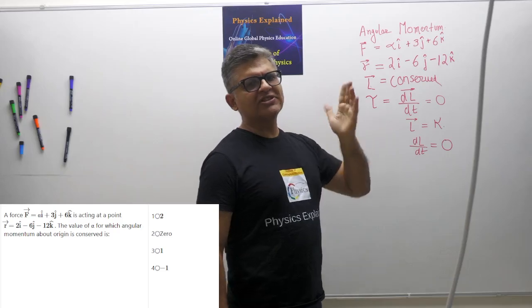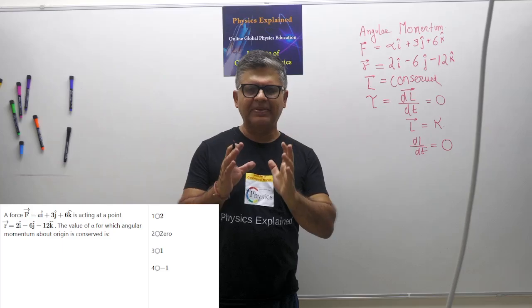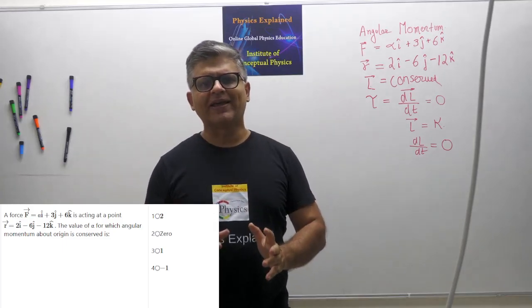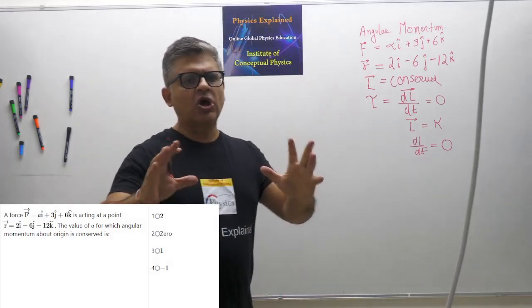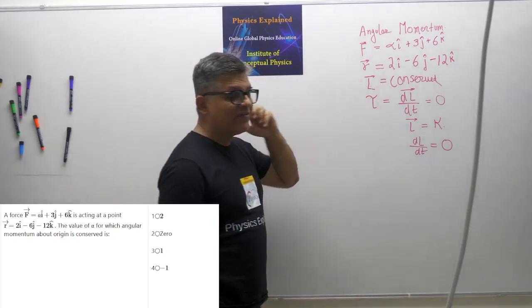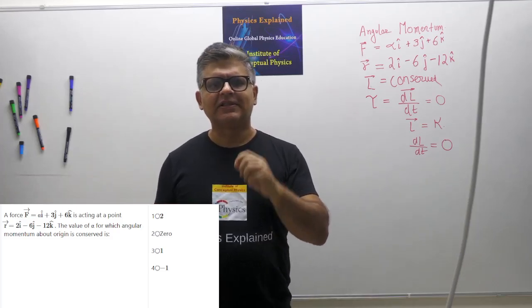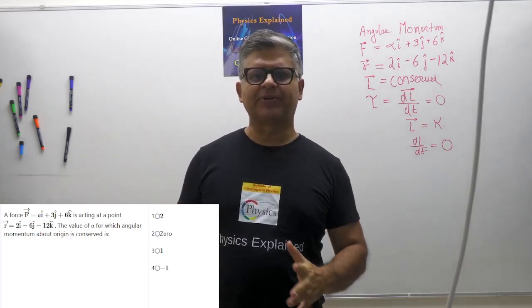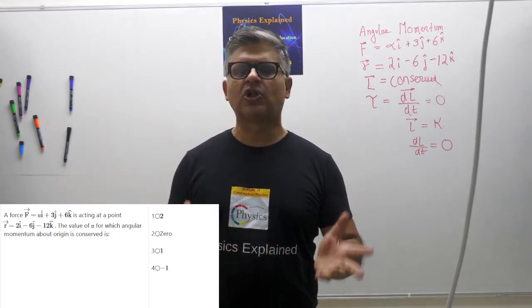So rate of change of angular momentum is 0, means L is constant, being conserved, and there is no torque. Torque is 0. Now we've understood what it means. Angular momentum is conserved means the torque does not exist, because torque will result in rate of change of angular momentum, which is not the situation.